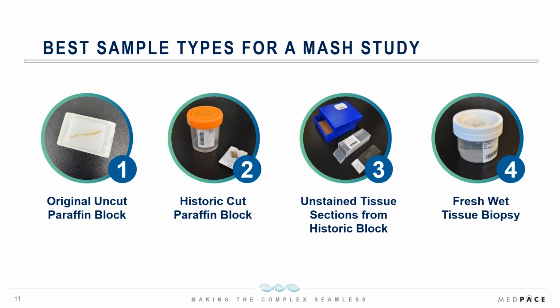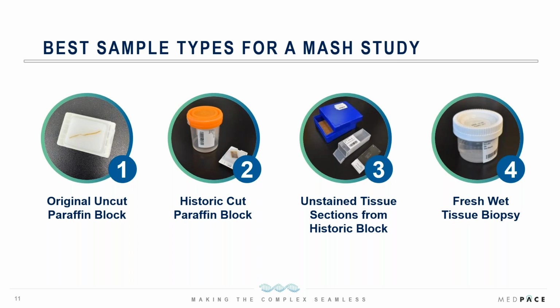And sometimes the local labs get a little too aggressive in taking the sections or facing the blocks. And so they cut too far into the block, into the tissue, and don't give us the readers the best sections from that block. So the first preference is an original uncut paraffin block.